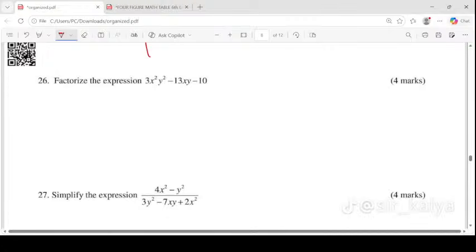So when you have this expression, how are we going to have this one sorted? With this one here, no need to struggle once again.